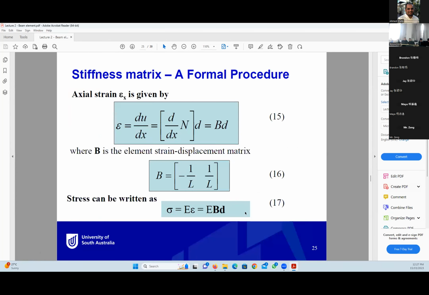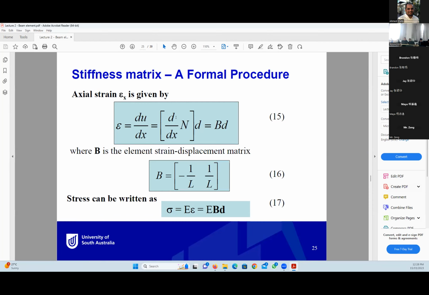And then the second step after this is the axial strain. If we need to get the axial strain from this shape function, the strain will be the derivative of u with respect to x, so du by dx.